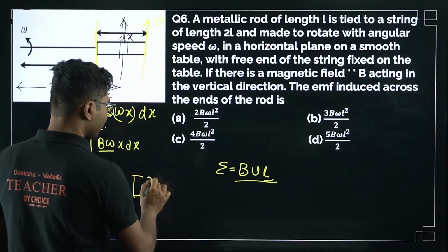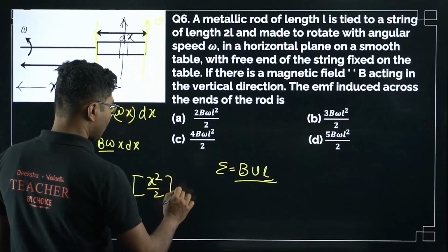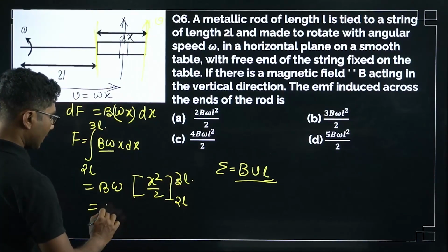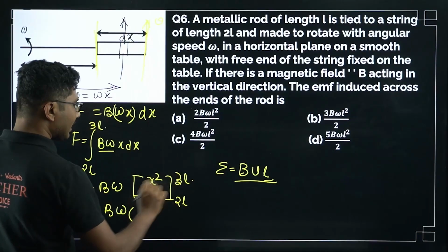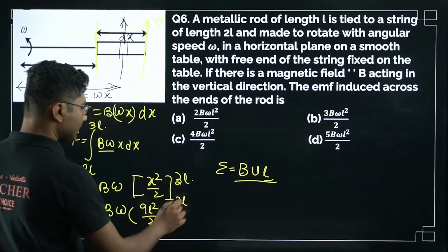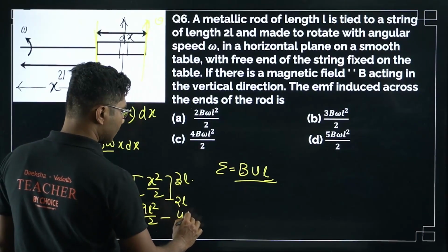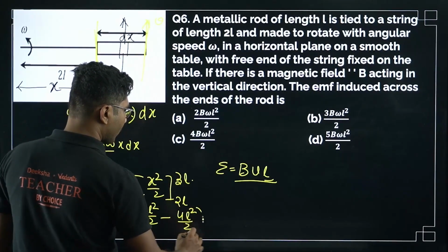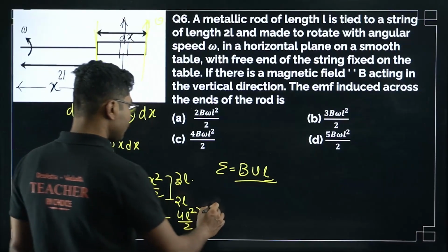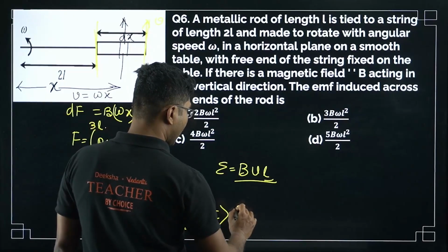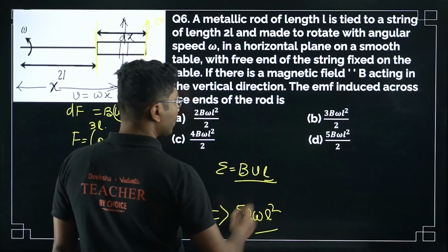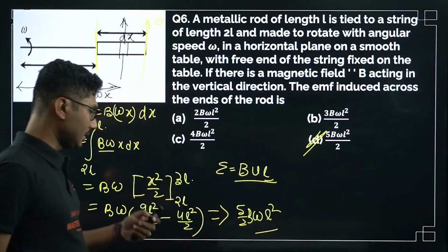Integration is x square by 2, and you get 2L to 3L, right? So it will be B omega, 3L square, that is 9L square by 2, minus 2L square, 4L square by 2, right? Now you can take 9 minus 4 is 5L square, so you will get 5 by 2 B omega L square. So the answer is 5 by 2 B omega L square.